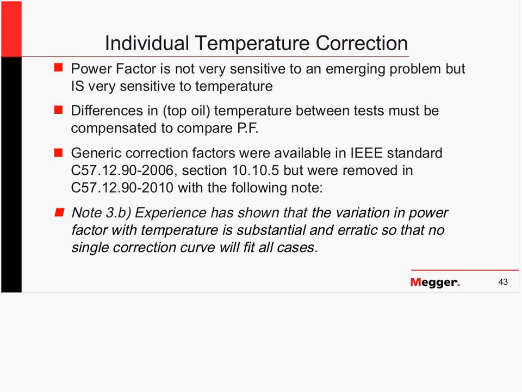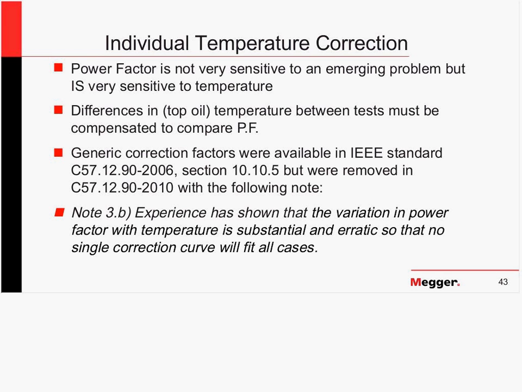There have been generic correction factors available in IEEE standards up until 2010. But in 2010, those disappeared, and the following note shows up instead. So if you look at the bottom here, it says, experience has shown that the variation in power factor with temperature is substantial and erratic, so that no single correction curve will fit all cases.